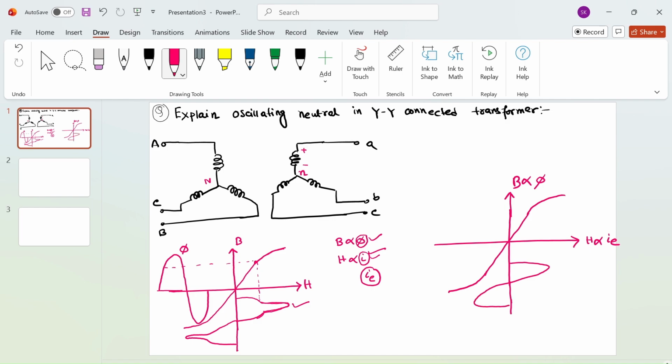In that case, my flux will be flat topped in nature, because till this point it will follow the same nature, but after that the relation between flux and exciting current will not be a y equals mx kind of relationship. So it will be flat topped in nature. Maybe till this point it will rise sinusoidally, and after that point it will be somewhat flat topped in nature, right?